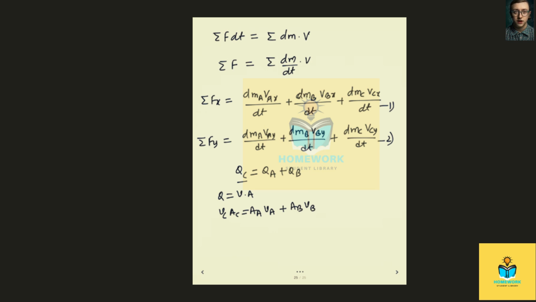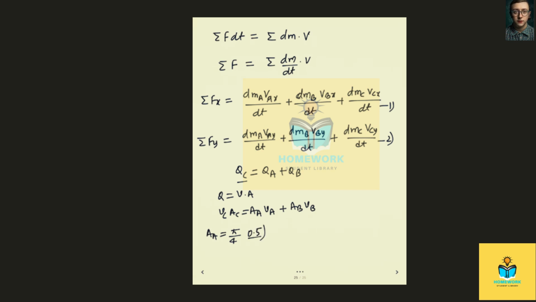Now the cross sectional areas for the different cross sections: Aa equals pi by 4 of dA square, and dA is 0.5 inch.